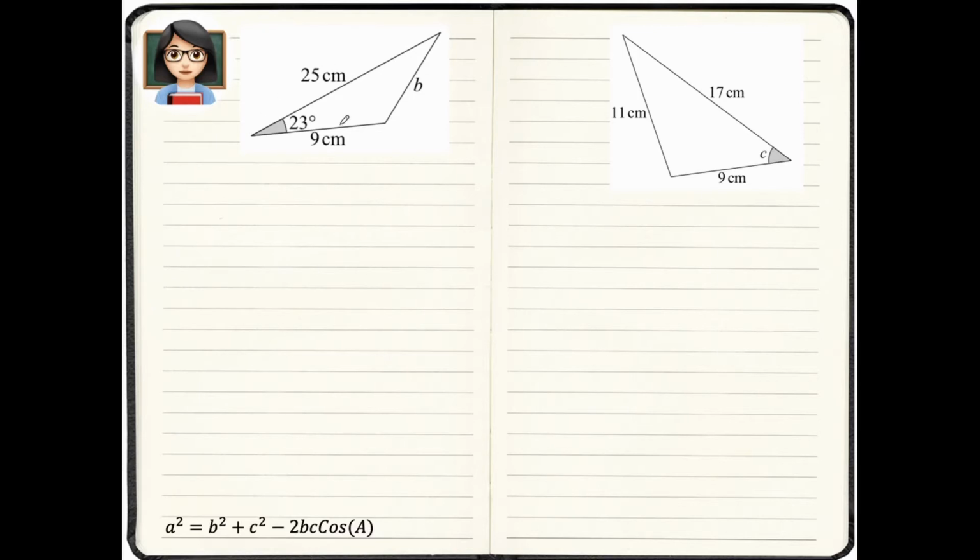The first thing I'm going to do is just try and help myself out a little bit with these letters. Now if I look at the formula, it wants me to find A, and I'm using angle A. Now it's completely up to you what you want to do here.